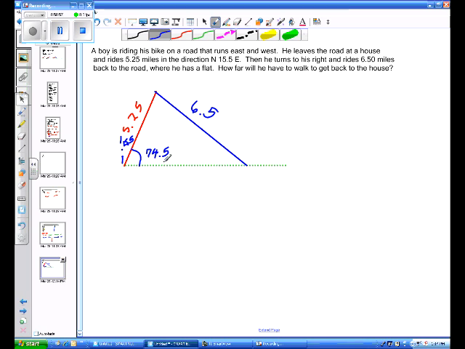So we can do some solving to find a few things. We can start off by finding our angle here. Let's call it alpha. So the sine of 74.5 is to 6.5 as the sine of alpha is to 5.25.